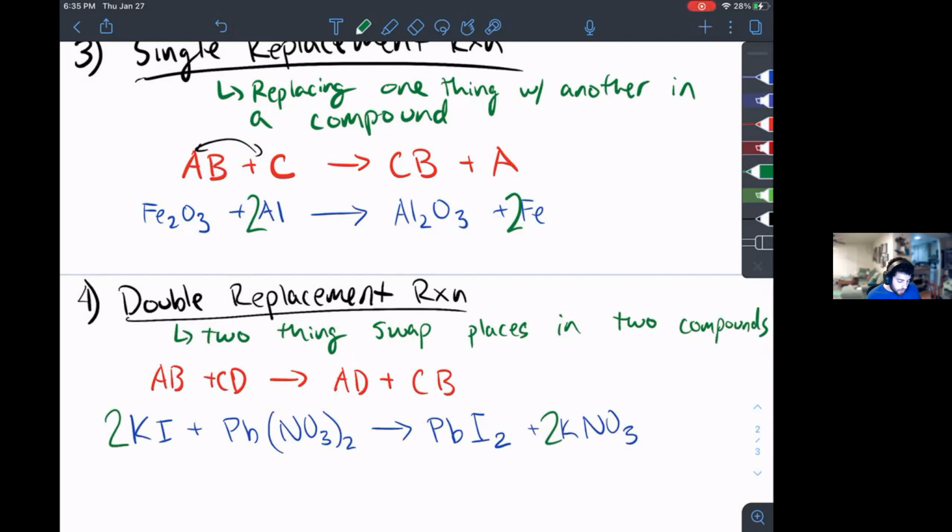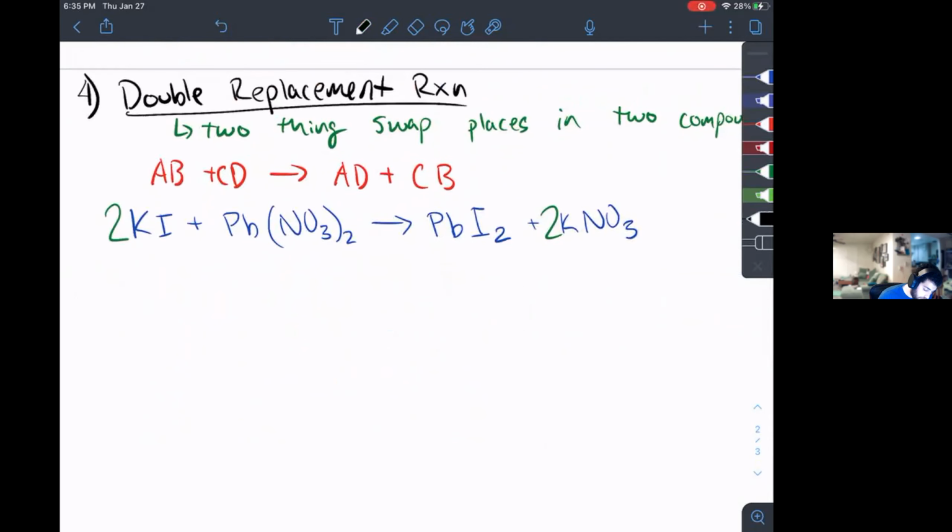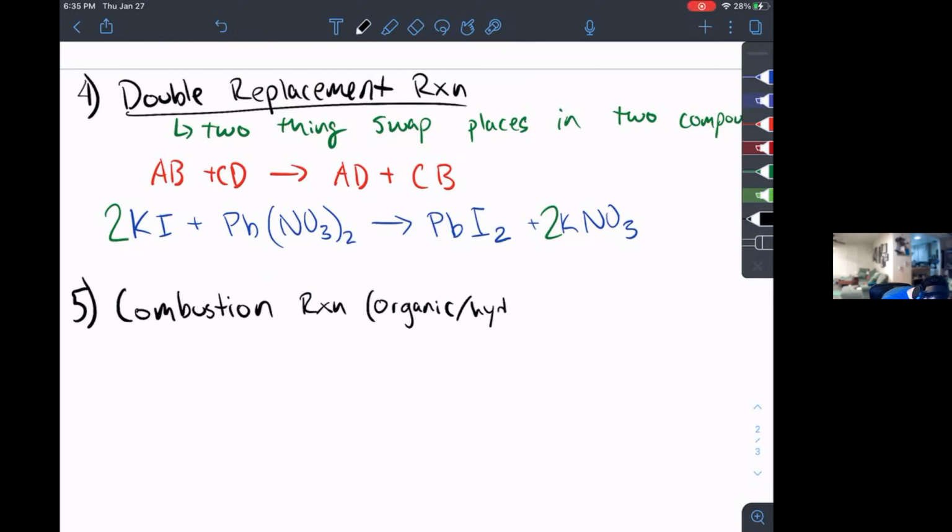All right, so that is our fourth class, and now my favorite reaction and final reaction, number 5, combustion reaction. And now I'm going to quickly just make a little modifier, and we're going to be doing combustion of organic material or hydrocarbons.